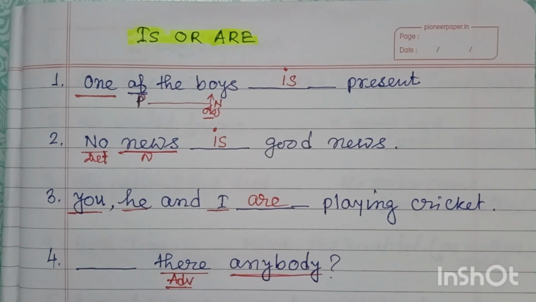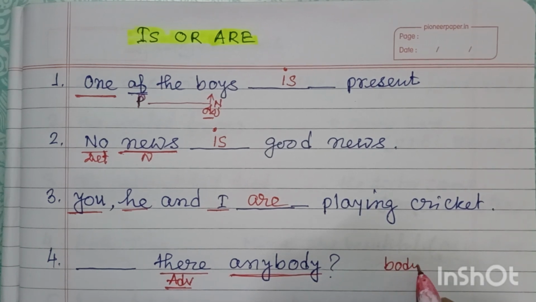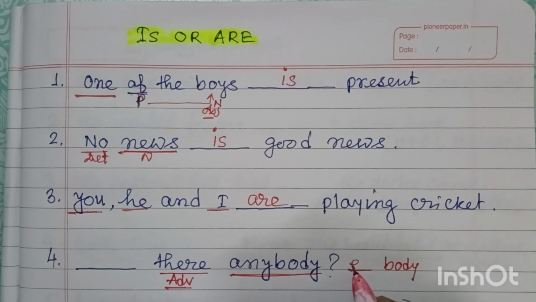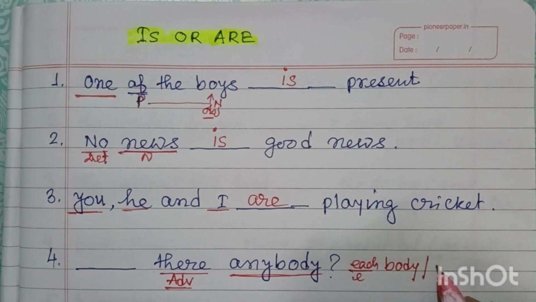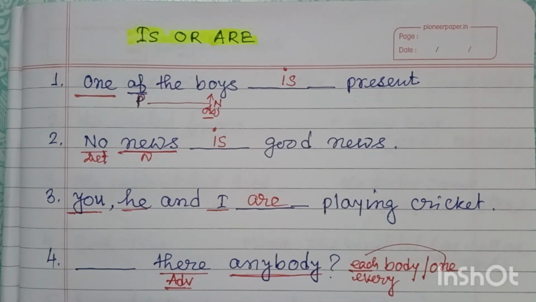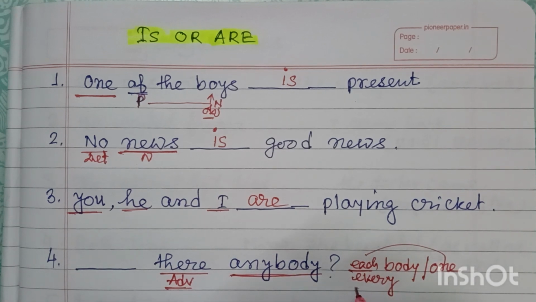If you see this type of subject, with the term body, and before that you see each, every, or one, that means everybody, each one, everyone, these words are basically distributive pronouns.